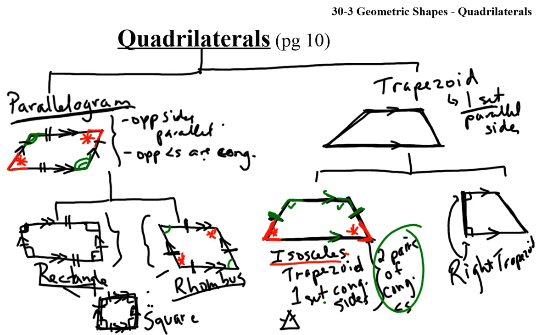So quadrilaterals have very general names for certain types of quadrilaterals, but we can branch off to more and more specific ones. From there, what we're missing with our quadrilaterals is a special one referred to as a kite. So we have a kite in this case.